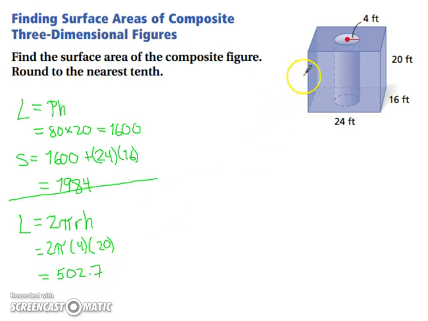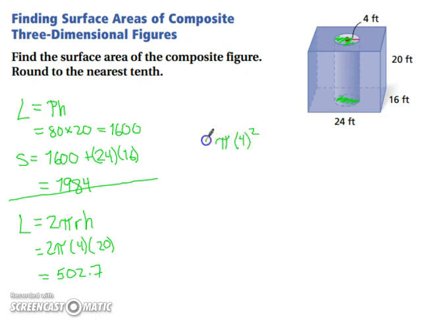All right, we're not going to add in these circles because we're going to have to take them out of our rectangular prism. They don't exist. It's like a giant hole that's been cut through this rectangular prism. So we have one circle and two circles. So we're going to take our pi r squared, and our radius is 4.